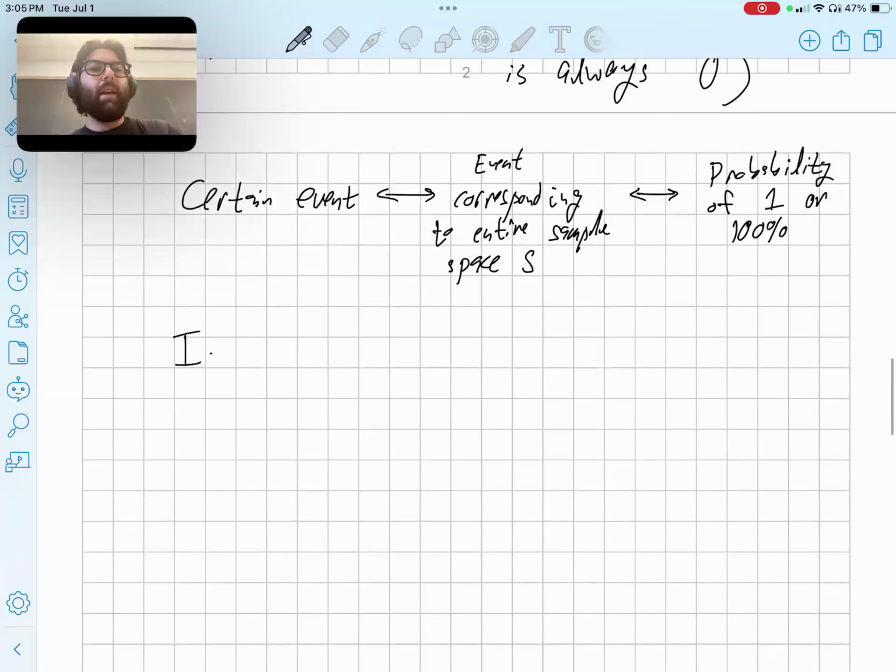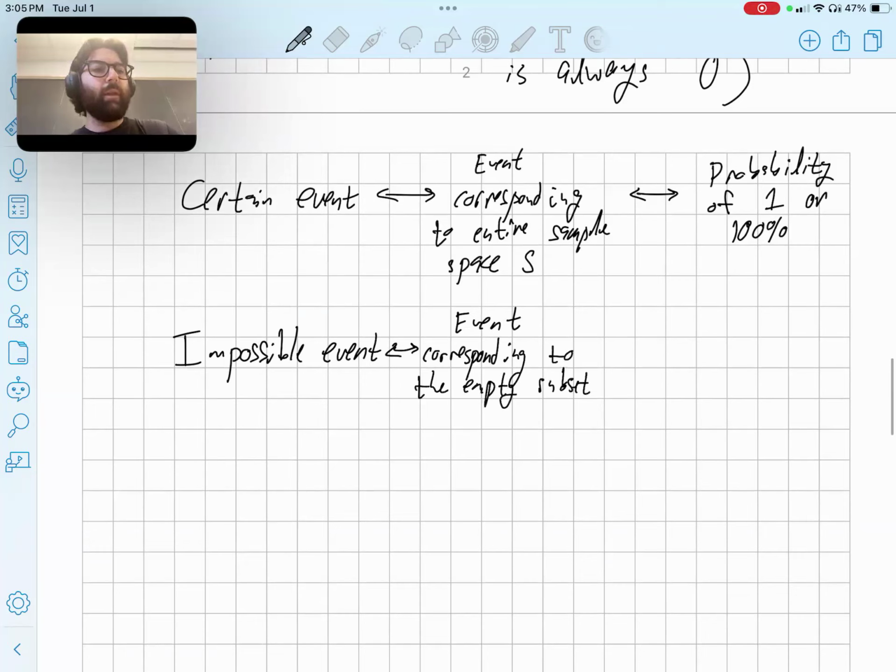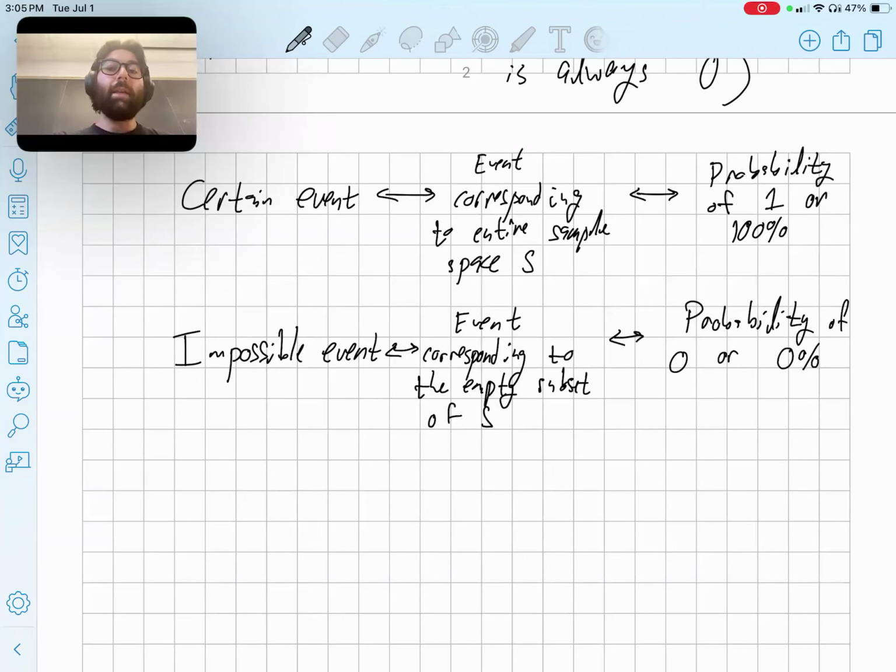And the impossible event is the event corresponding to the empty set, so the empty subset of S, and it has a probability of 0 or 0%.